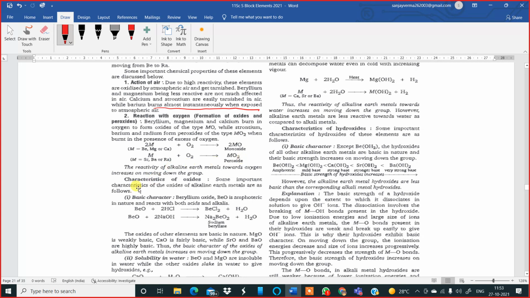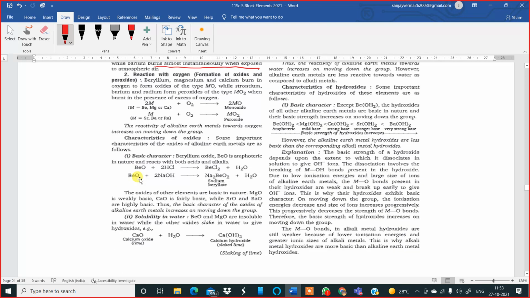Now what are the characteristics of oxides? The oxides of these group 2 elements are basic in nature. Have a look. Beryllium oxide is amphoteric in nature. Others are basic, like magnesium oxide and calcium oxide. Whether weakly or highly, they are basic. The basic character of the oxides of alkaline earth metals increases on moving down the group.